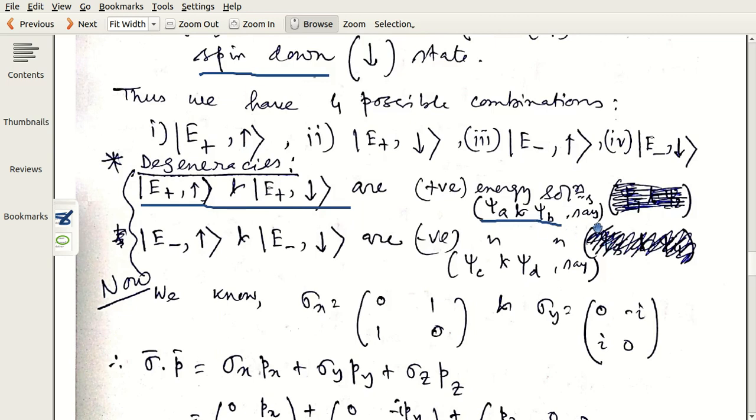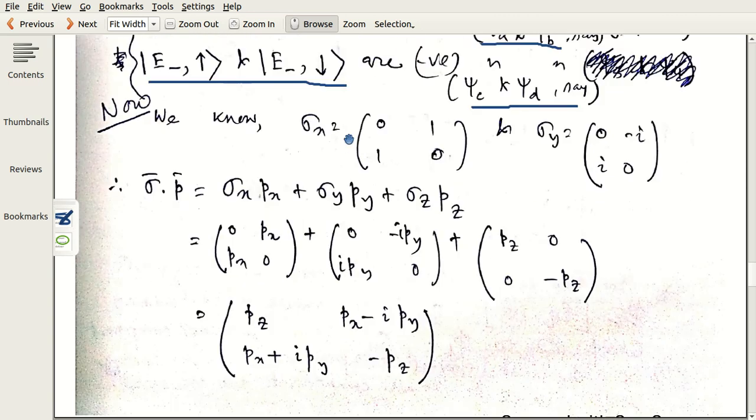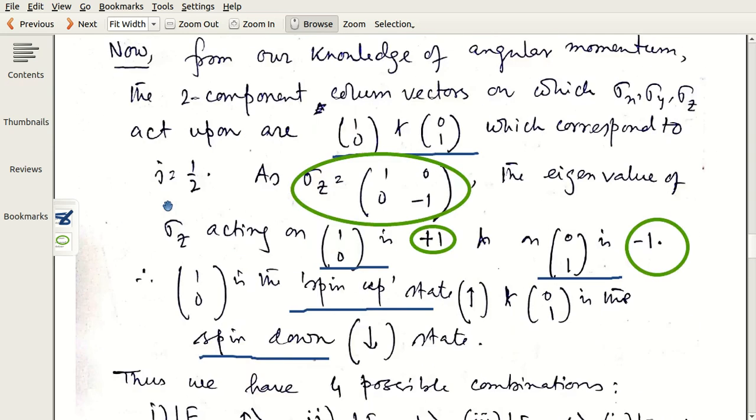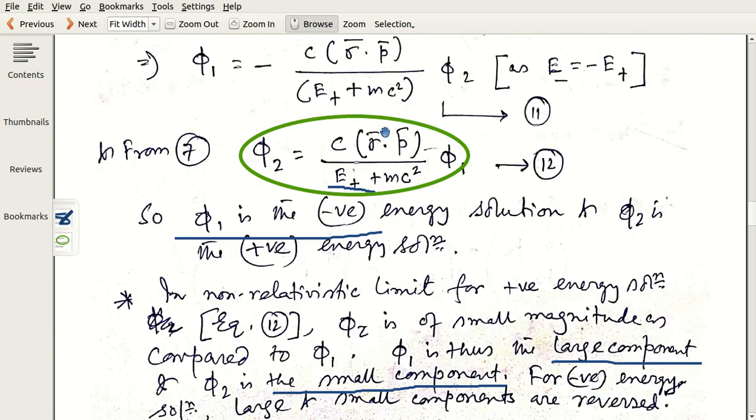And similarly, E minus spin up and E minus spin down, we assign the names psi C and psi D. Now, as we know, sigma x equals this one, and we know the shapes of the Pauli spin matrices, so these are our known things. Sigma y equals 0 minus i, i 0. So we calculate sigma dot p, because sigma dot p appears here.